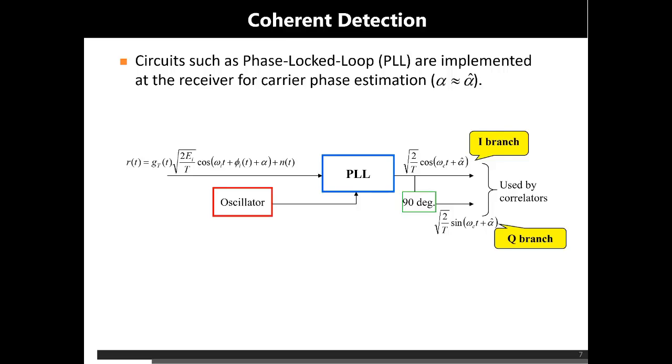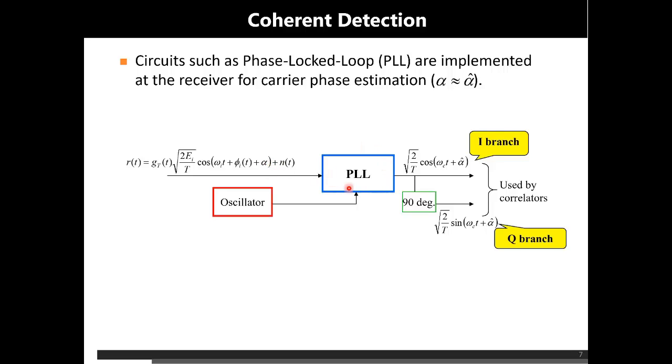So let's suppose we have a general architecture of this phase lock loop and its working. We say that the received signal is given by this particular expression, which is the same as we have already discussed, cos of omega_i t plus phi_i(t) plus alpha. This alpha is the mismatch phase which is being created through the channel or through the crystal oscillators.